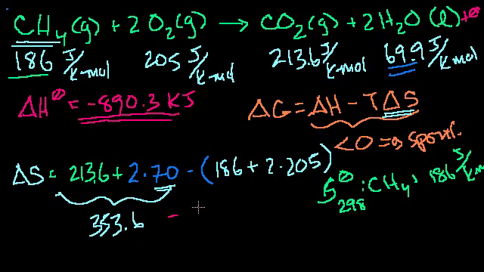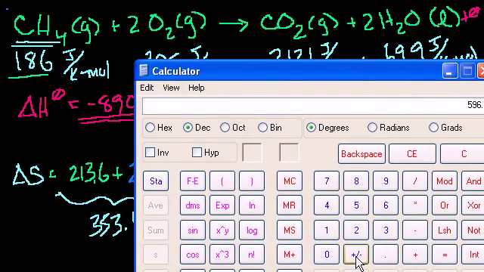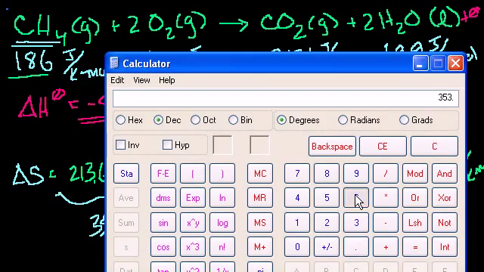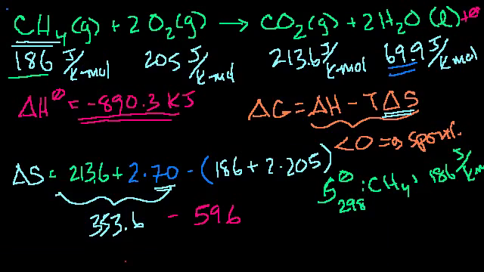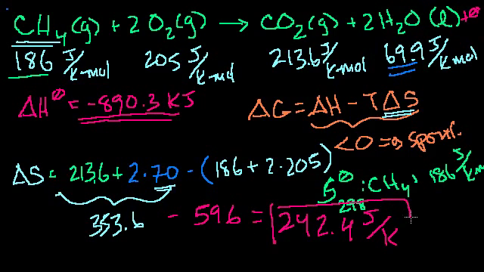So minus 596 plus the 353.6, and we have minus 242.4. So this is equal to minus 242.4 joules per Kelvin, which is our delta S.